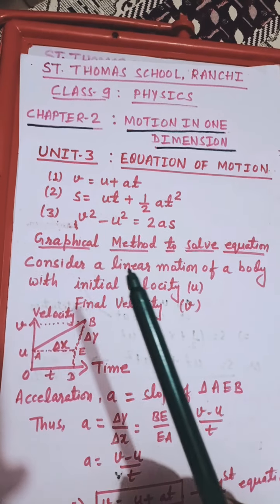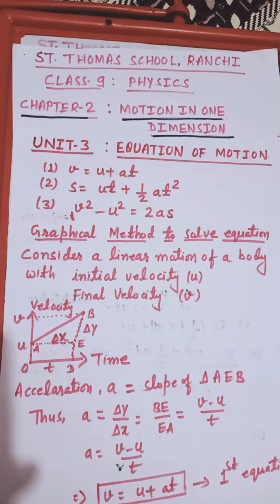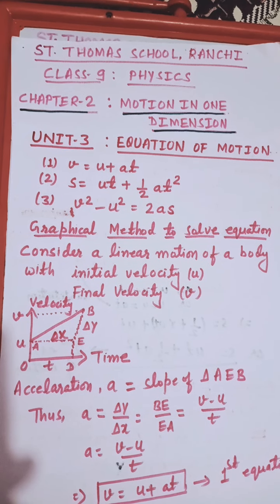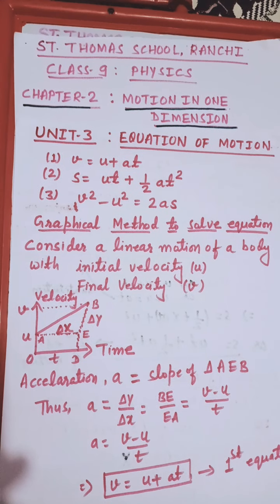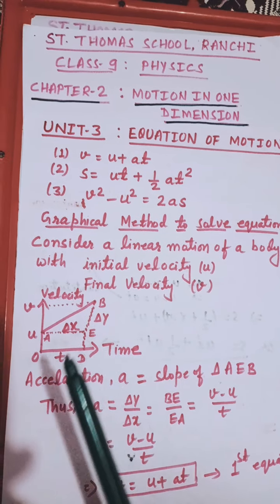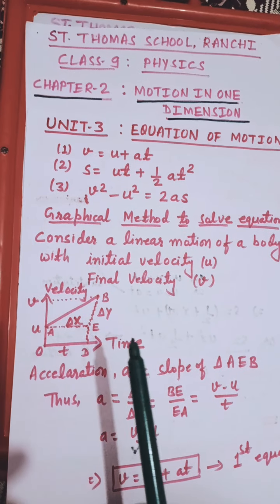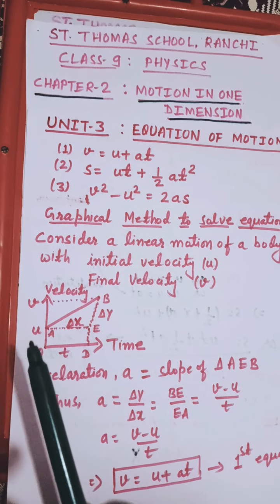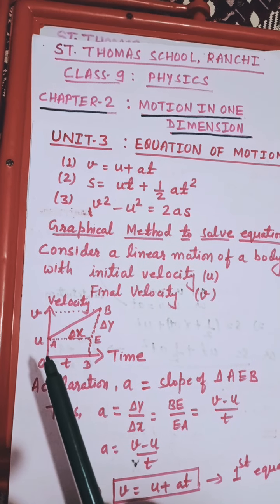Here we are going to consider one condition. Suppose an object is in linear motion with its initial velocity u, and after some time it attains some velocity and gets the final velocity v. Based on this we are going to plot a graph. When we plot the velocity-time graph, taking velocity on the y-axis and time on the x-axis, we observe that the body starts from rest.